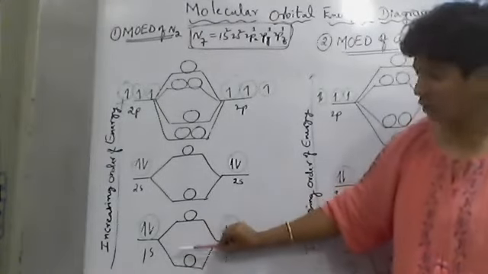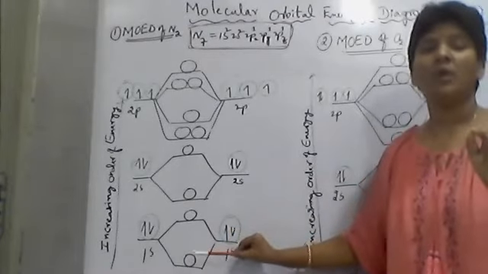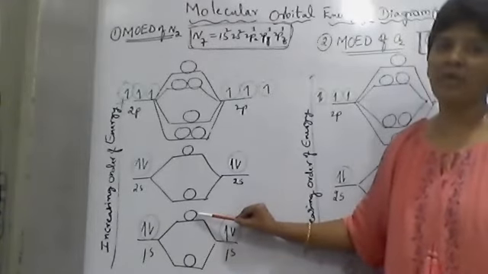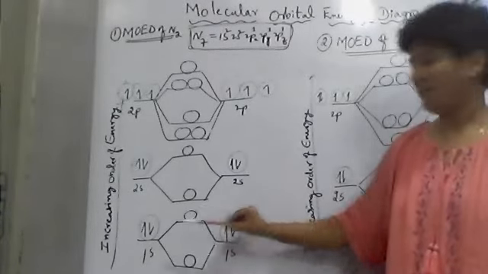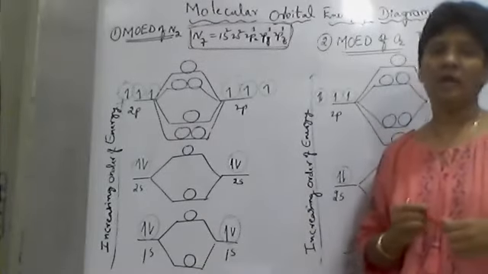The lower energy one is called the bonding molecular orbital, the higher energy one is called the anti-bonding molecular orbital, and the atomic orbitals are called non-bonding orbitals.